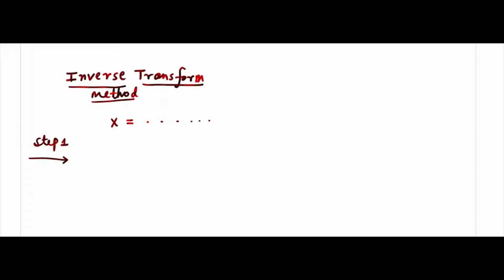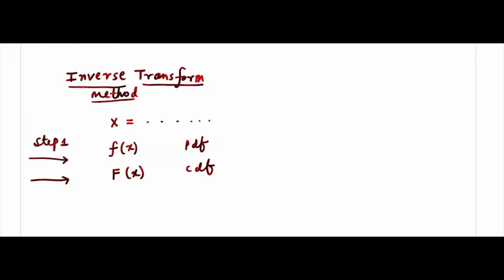I'm doing the continuous one now. You need to know f of x of the distribution. Once you know f of x, you should be able to find capital F of x. This is the CDF. You need to write the PDF, and from the PDF you should be able to find the CDF. If you are not able to find the CDF, then you can't apply this method.